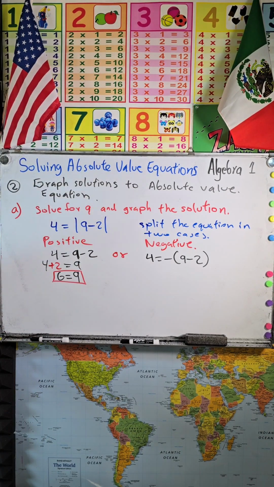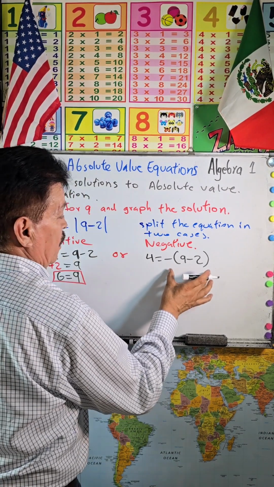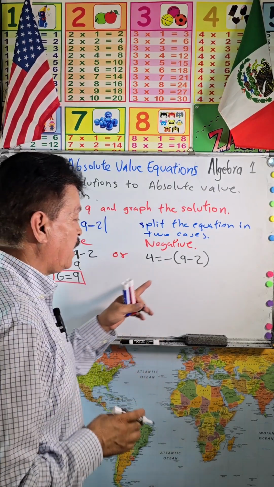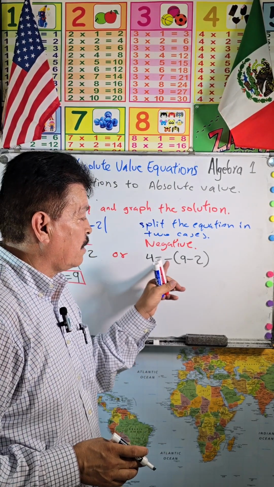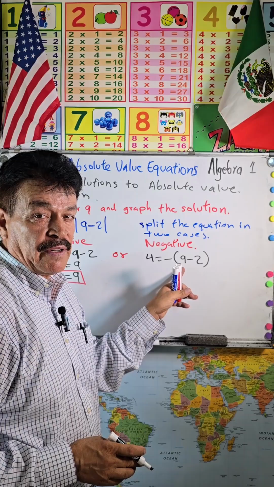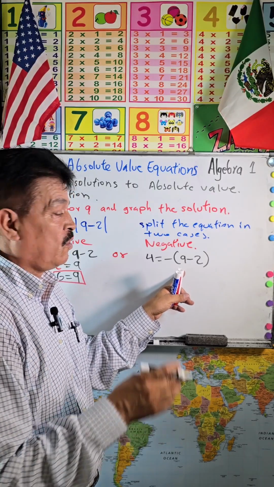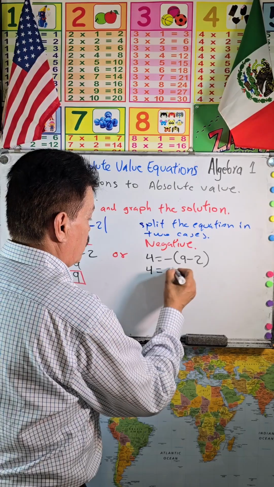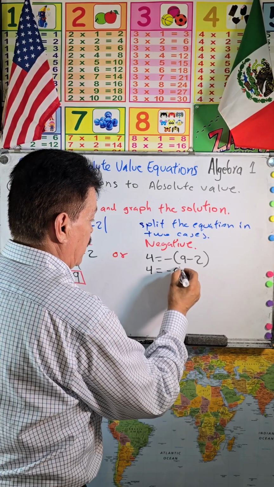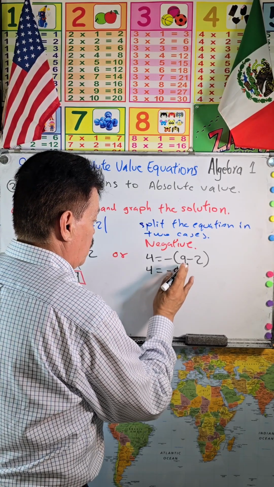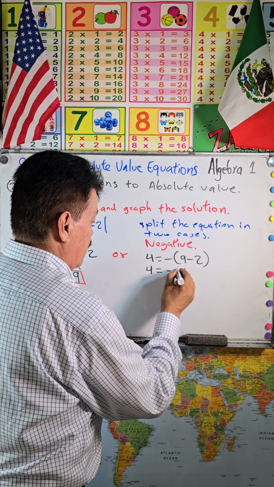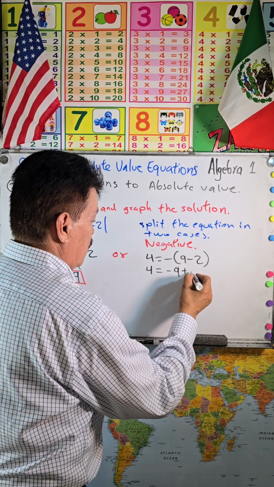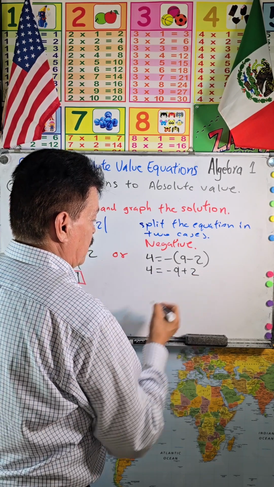Now for the negative case, this negative sign means multiply with everything inside the parentheses. So everything will be changed. 4 equals negative q, and then this will be positive 2, right?